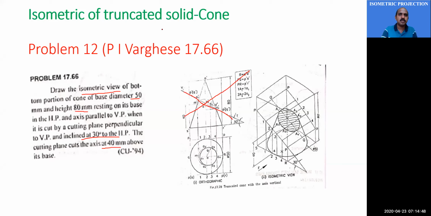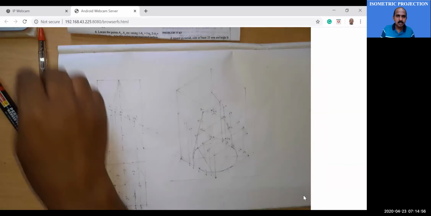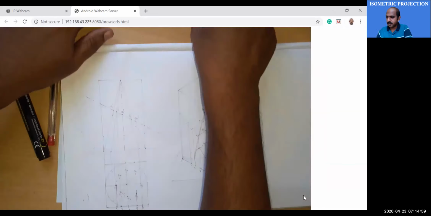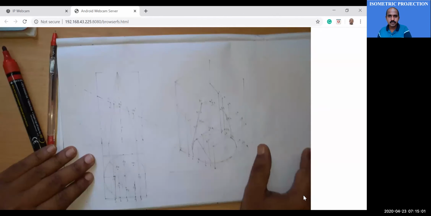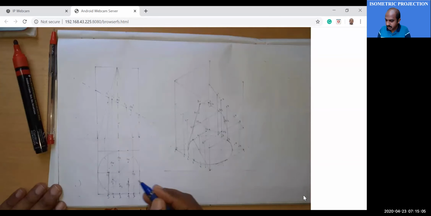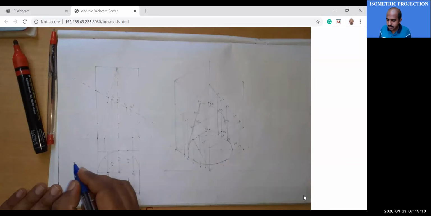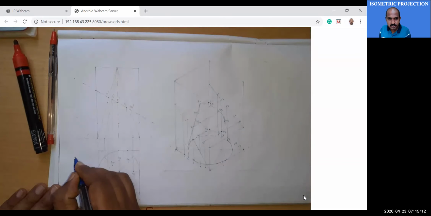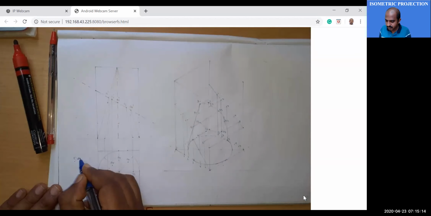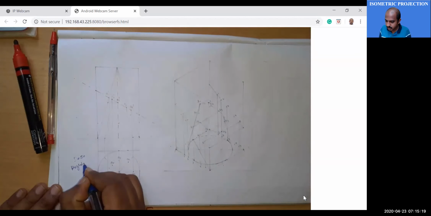So let us explain. Hope you can see. Initially we'll draw the circle. What is the question? It is the diameter: dia is equal to 50, and height is equal to 80.